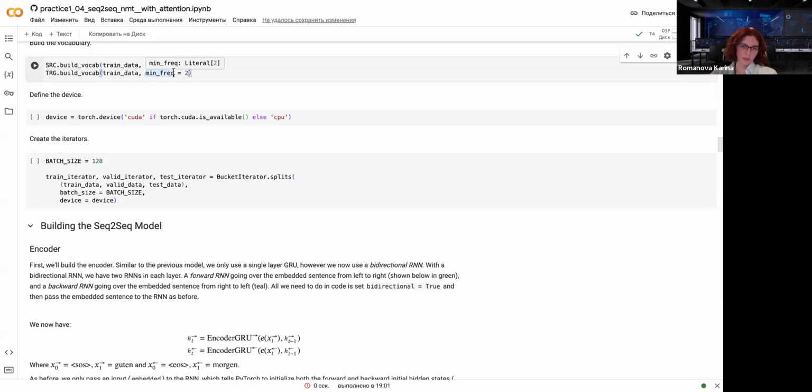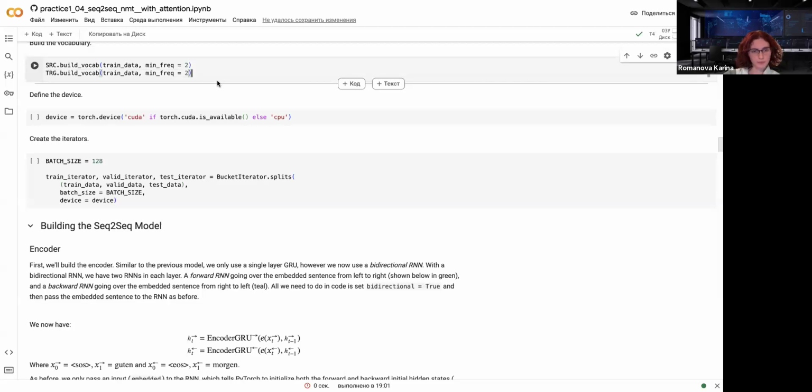We had it in the previous seminar, and you need to remember this information, but I will tell you a second time. The vocabulary maps each word to a unique index, which the model uses to look up words during training and inference.